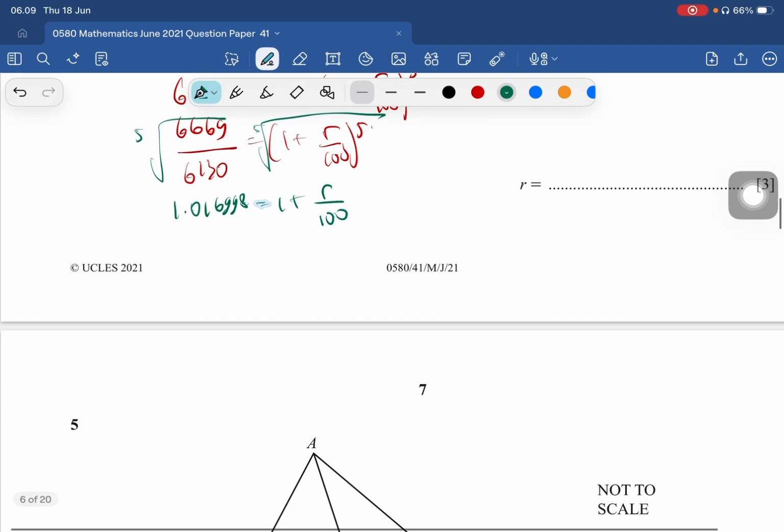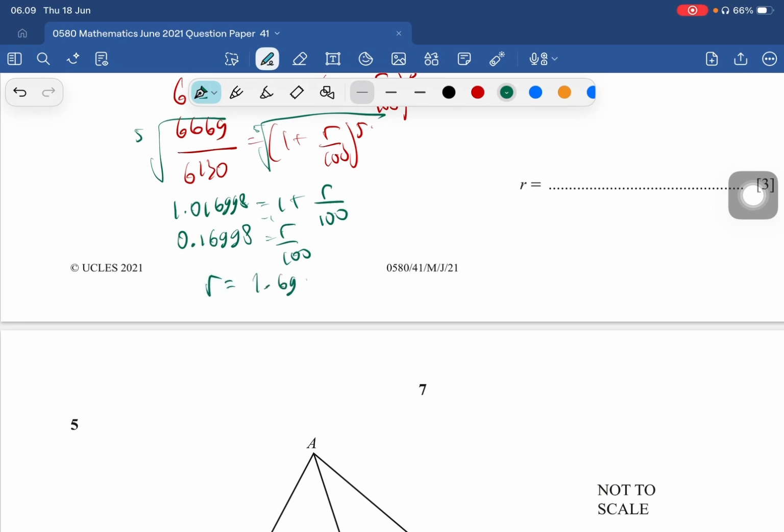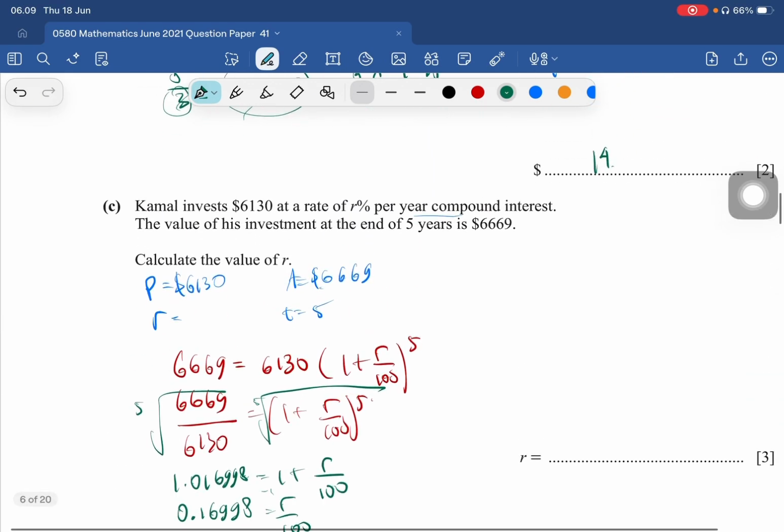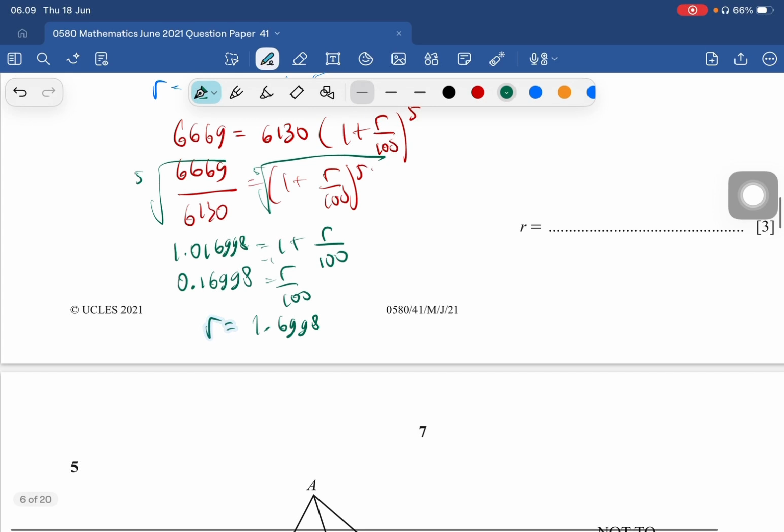We minus it by 1, so this only remaining 0.016998, equal to R over 100. So R equal to, just multiply by 100, so here is 1.6998.